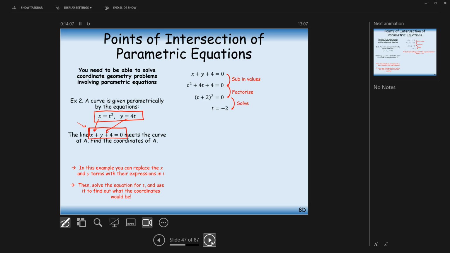The roots of this equation, when that equation is equal to 0, the answer is t equals -2. So we can substitute this -2 back into the values for x and y, and we get the x and y coordinates. So the x coordinate is 4 and the y coordinate is -8.